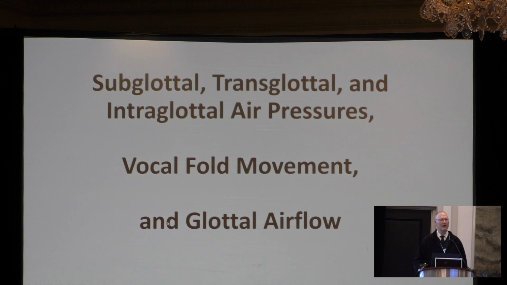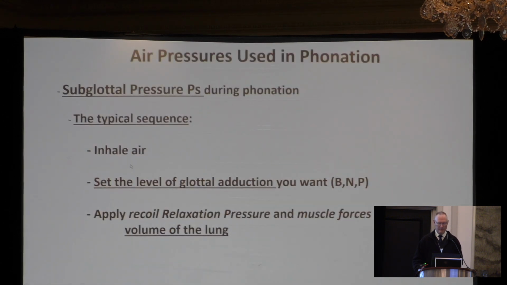Now let's talk about air pressures. We have subglottal pressure, transglottal pressure, intraglottal pressures, and then also movement and glottal airflow as a result. Dr. Sundberg talked about subglottal pressure. I'd like to also indicate how that's created. Typically you inhale some air and then you set the level of glottal adduction depending on the quality of the vocal sound you want.